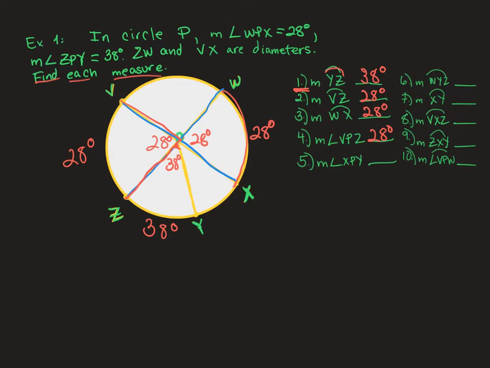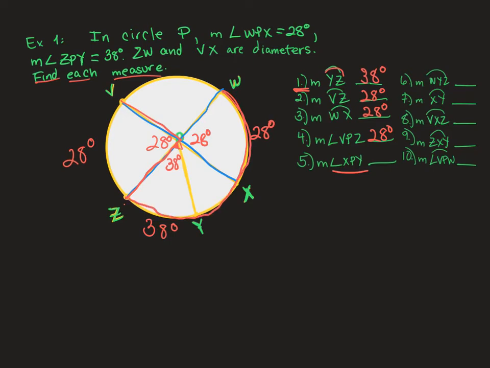So the next problem is XPY. To figure the measure of angle XPY, which is here, we need to figure out how to do this. But we know that ZW goes right down the middle of the circle, which is our diameter. So that means a rotation of 180 degrees.